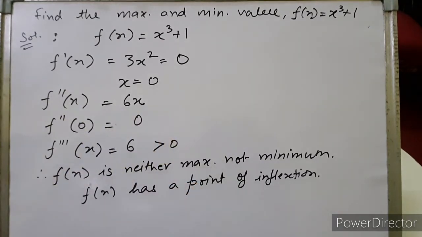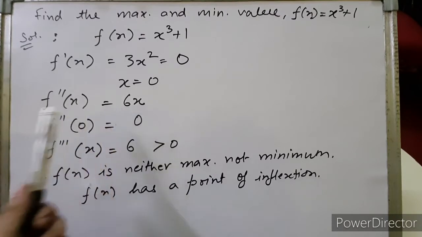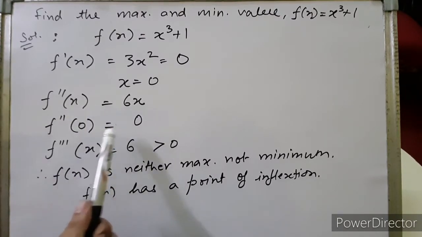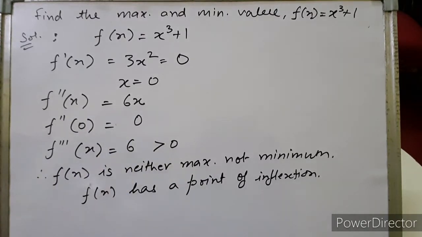Right children? Now we again differentiate, find the second derivative, we'll get 6x, and the value of the second derivative at x equals 0 is again 0. Now if we calculate the third derivative of the function, we'll get the value 6, which is greater than 0, a positive value. So the third derivative is positive.